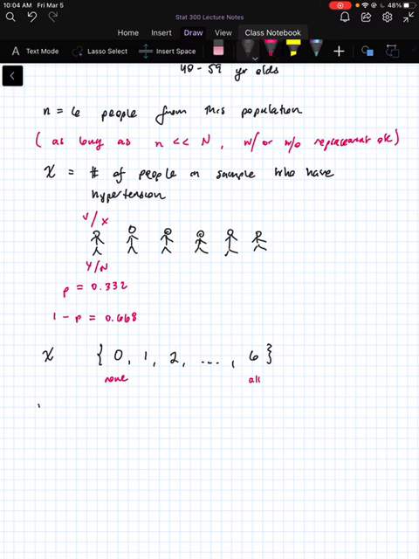So case 1, what's the probability that no people in the sample have hypertension? So each person doesn't have hypertension, so we're interested in the 1 minus p chance of not having hypertension, and this happens independently 6 times.